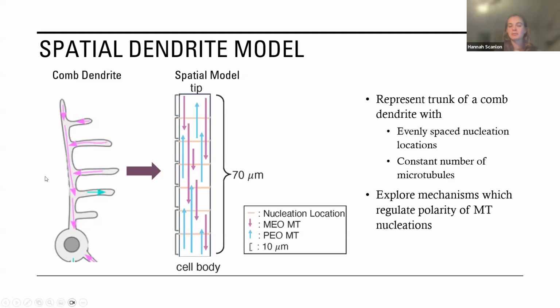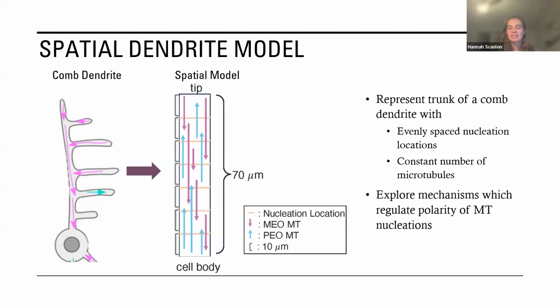So we're going to represent the same geometry with a slightly simpler version, where we just represent the main trunk of the dendrite, and we represent the branch points as locations where microtubules will be nucleated. Then we run simulations of these microtubules in this vertical domain. Microtubules are seeded with random polarity, and as they grow and shrink, they will die, and we explore mechanisms which regulate the polarity of microtubule nucleations.